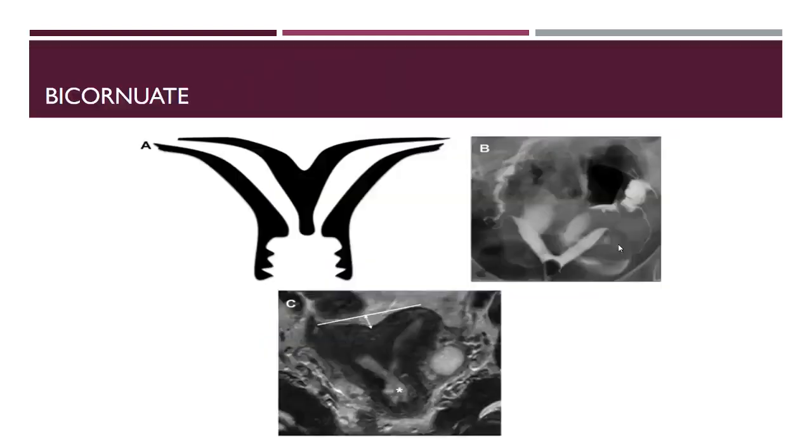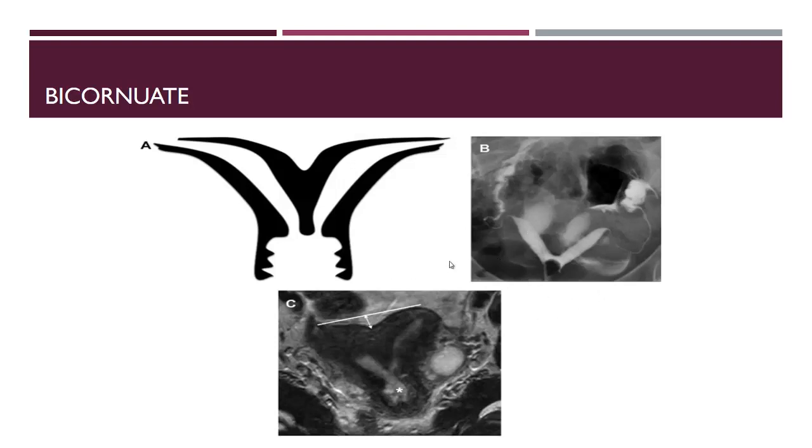Here, this is a bicornuate uterus. There is an indentation more than 1 centimeter. It may be bicornuate bicollis or bicornuate unicollis. So this is the appearance of a bicornuate uterus, but again from hysterosalpingography I could not identify it.